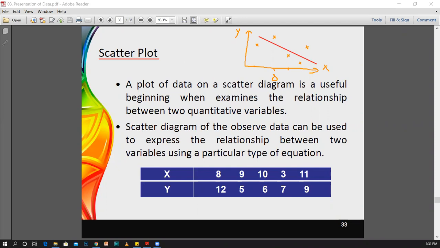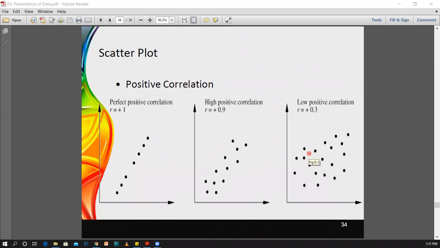If you obtain the scatter plot, in this graph you can see three types of scatter plots we have obtained. If you see the first chart, you can easily draw a line which covers all these points, a line which fits all of them. If you can have a line which fits all these points, then we say it is a perfect relationship.